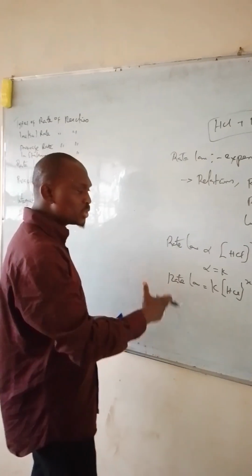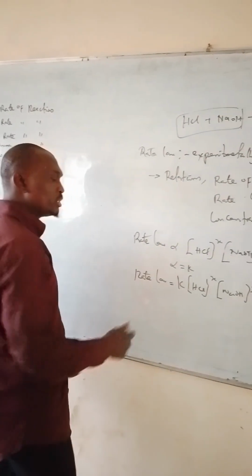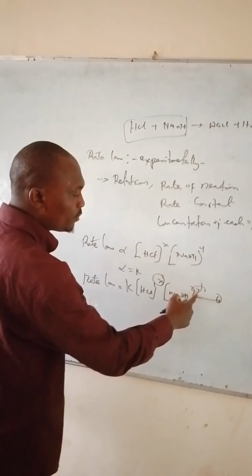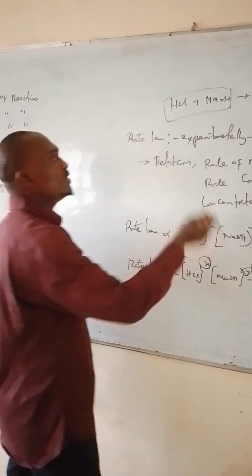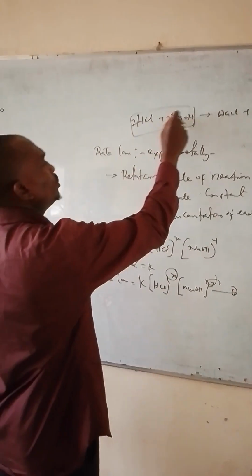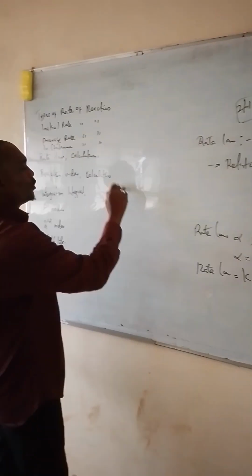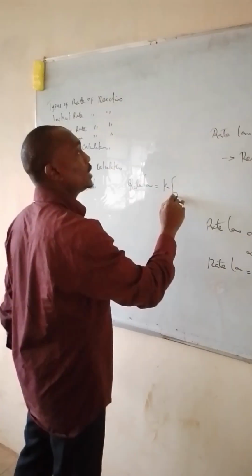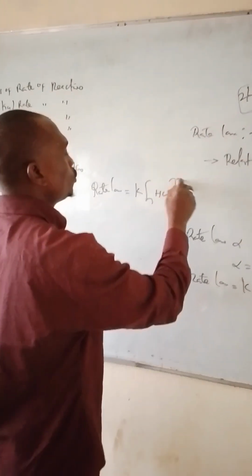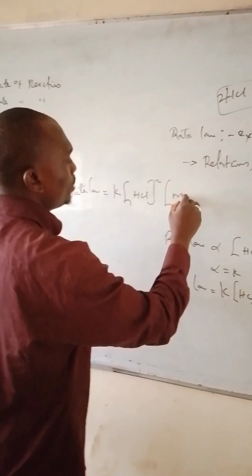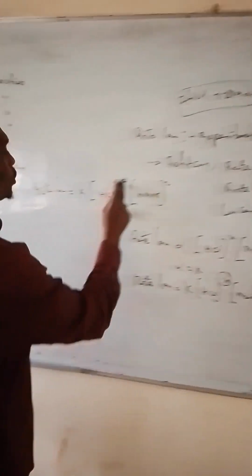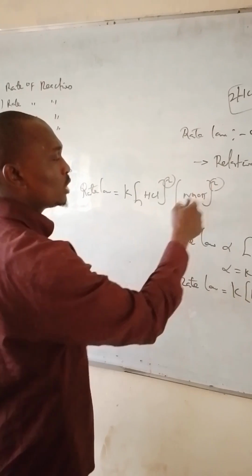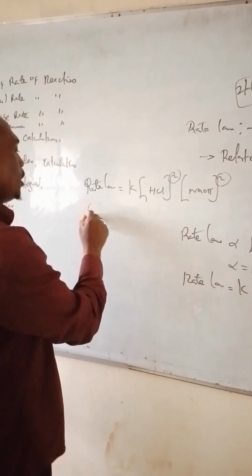For instance, if we ask you to write the rate law, this is how to write it. This power is the order of reaction with respect to HCl, and this one is the order with respect to sodium hydroxide. Let's assume we have 2 here and 2 here. The rate law is equal to K [HCl]^2 [NaOH]^2. So this is second order with respect to HCl, and second order with respect to sodium hydroxide.